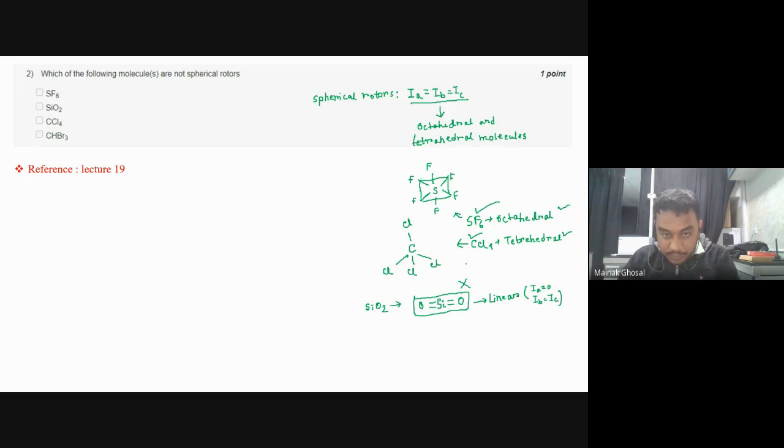Now I am coming to CHBr3, the last one. What should be the structure?